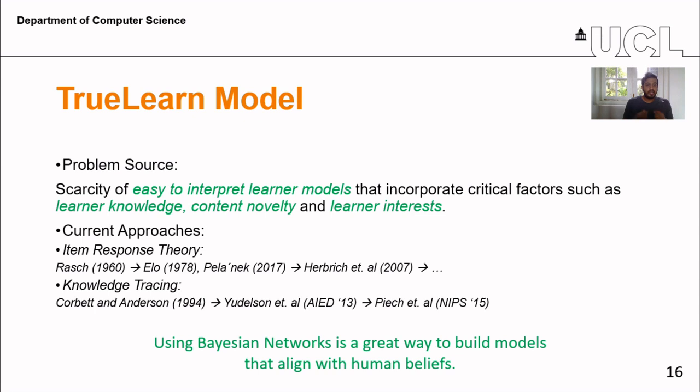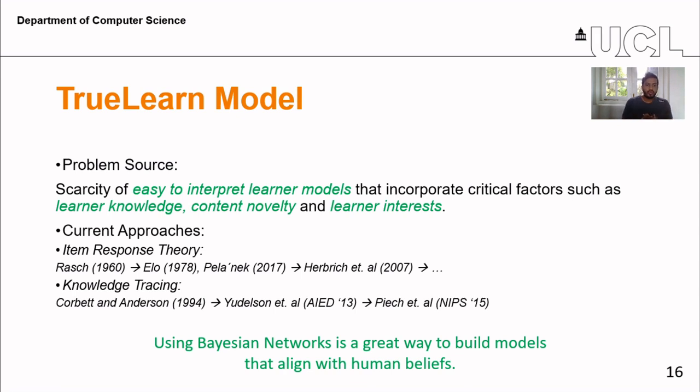But at the end of the day, you have this parameter that you learn which represents the skill of a learner. Knowledge tracing, on the contrary, learns a Bernoulli variable, which is a Boolean value, which is the probability of whether the person has mastered a particular knowledge component or otherwise.